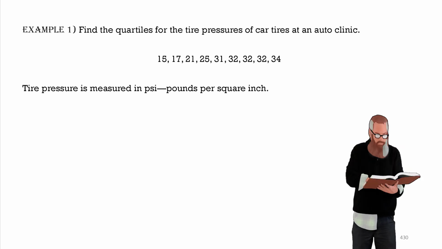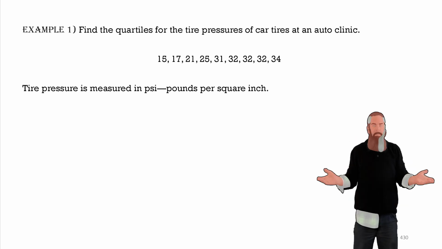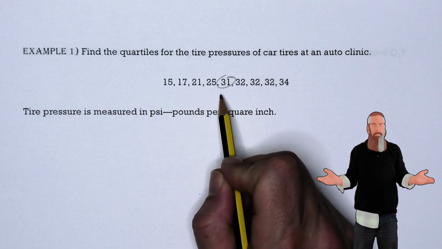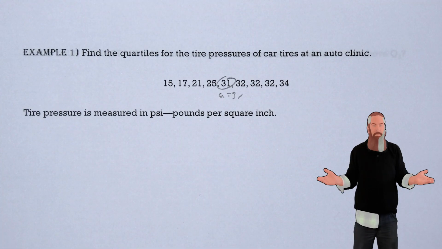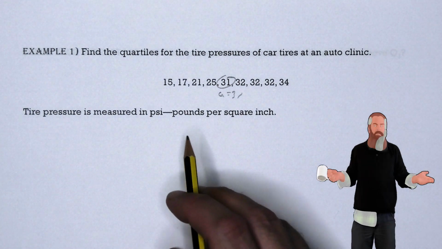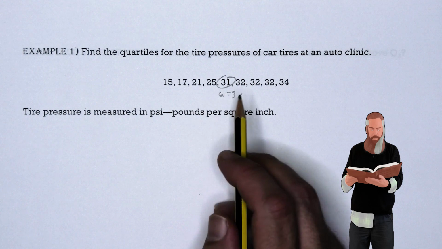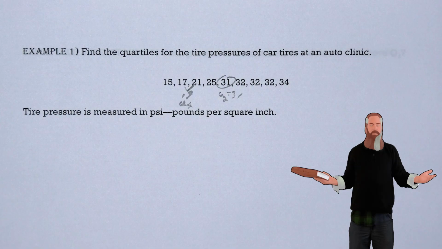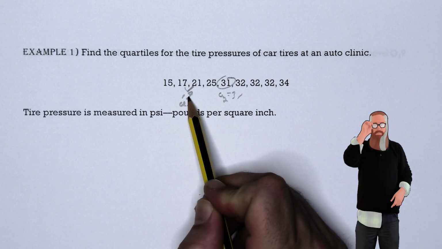To find the quartiles, first find Q2 because Q2 equals the median of the tire pressure. So Q2 is 31. For Q1, we're going to find the median of the numbers below the median, which are 15, 17, 21, and 25. The median of these numbers is 19, because 17 plus 21 divided by 2 is 19.